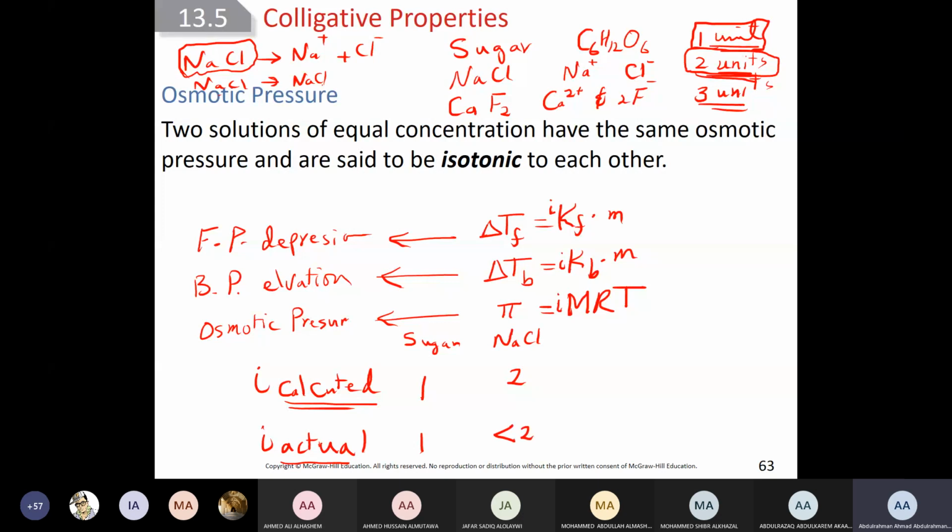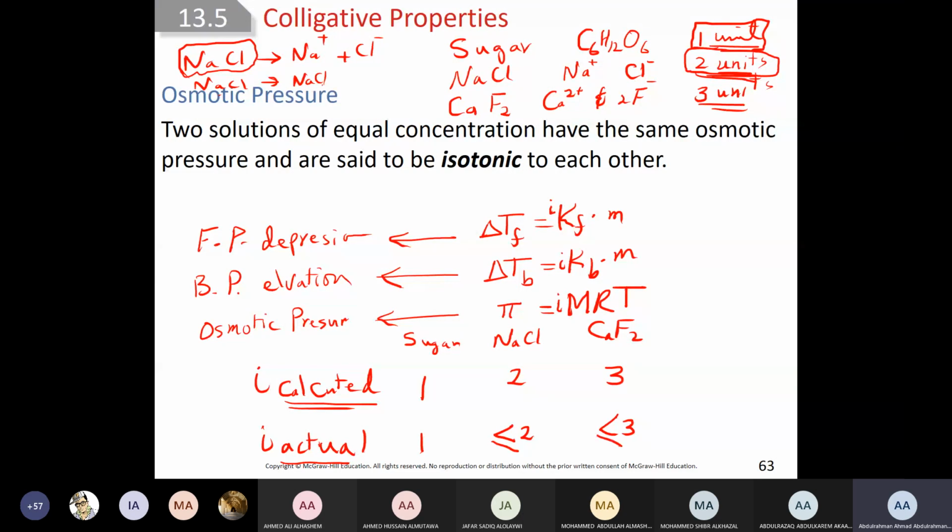Okay, how about CaF2? What will be the calculated value? 3. But what are you going to see? Less than 3. Are you going to see greater than 3? Impossible. Impossible to see more than 3, but it's very possible to be less than 3. Is it possible to have exactly 2 or 3 here?